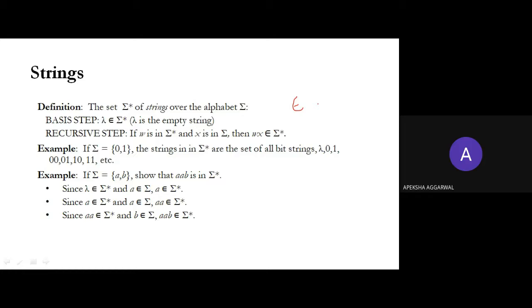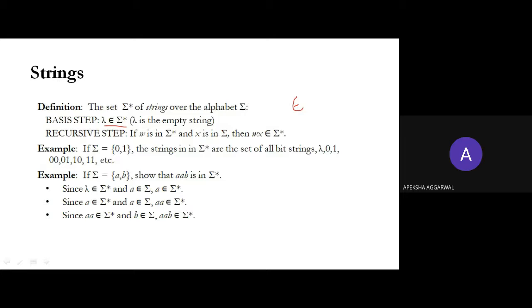Now this basis step: lambda belongs to sigma star, yes or no? Yes. The first string that is in sigma star is epsilon, that is lambda. So yes, that belongs. Now the second step is the recursive step.